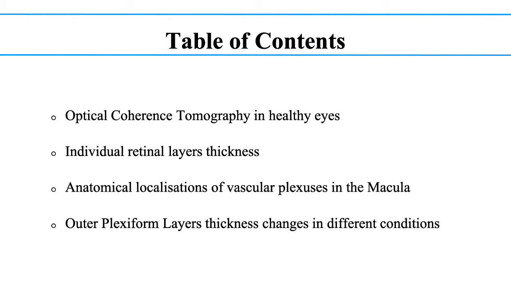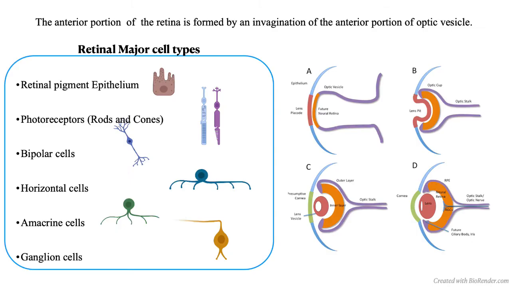Then we move to the anatomical localization of vascular plexus in the macula, and at the end, in brief, I'm going to talk about the outer plexiform layer thickness changes in some different conditions.